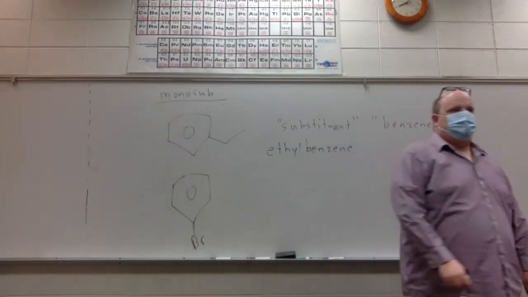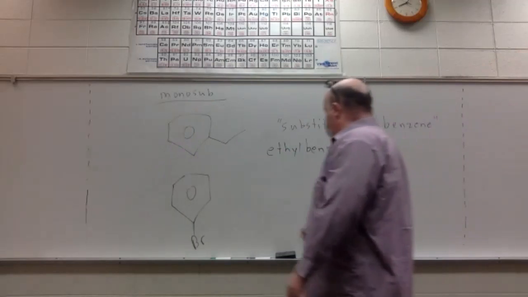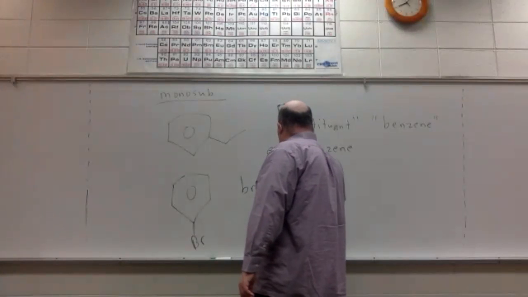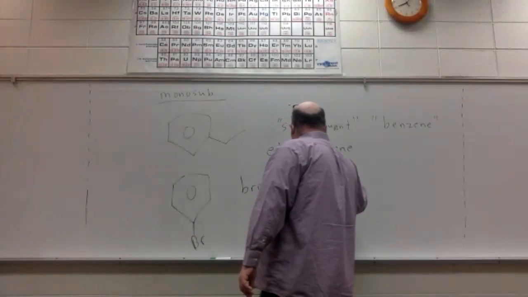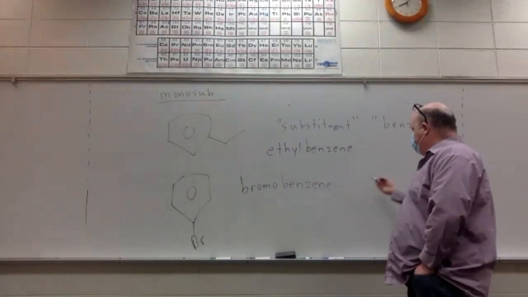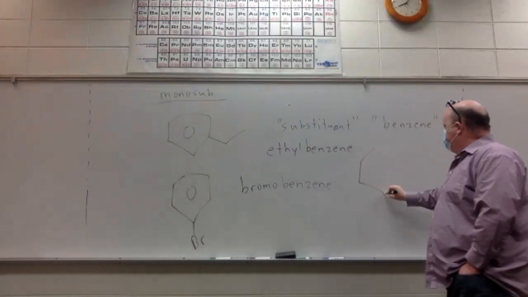What would that one be called? Bromobenzene, yeah. What happened to the double bond construction? Why are you writing this out now? Remember, this is the resonance hybrid, right? So really, when I did those two structures, I did these two resonance structures.